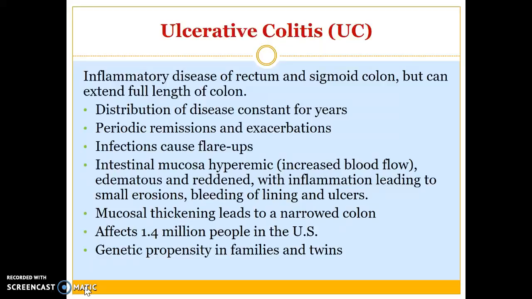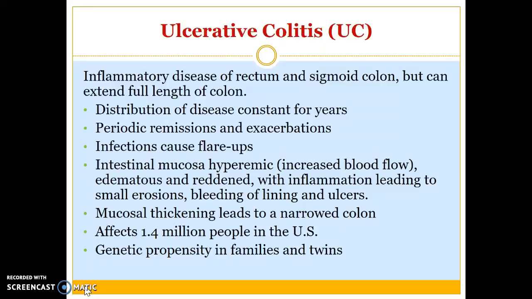Many of these diseases will have periodic remissions and exacerbations. If they get infections, sometimes this will flare up worse. Ulcerative colitis has a phenomenon called mucosa hyperemia, where there is increased blood flow to the colon.